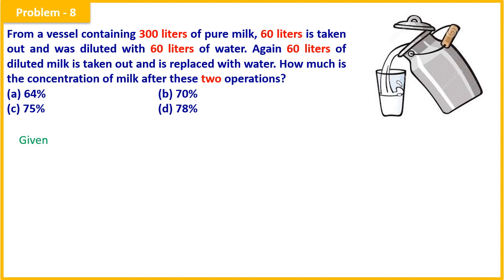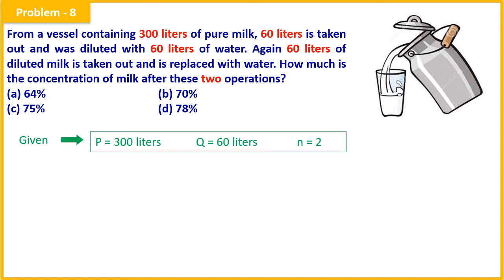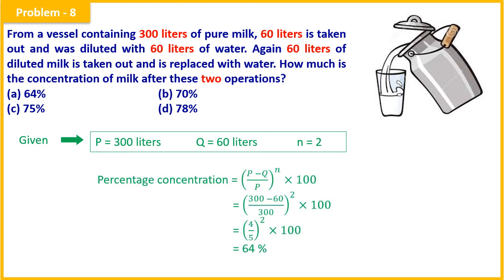So what is given here? P is equal to 300 liters, that is the quantity of pure liquid. Q is the liquid that is taken out and replaced with water, and N is equal to 2. This operation is done 2 times. So we can apply the expression and find out the concentration of the resulting mixture after 2 such operations.